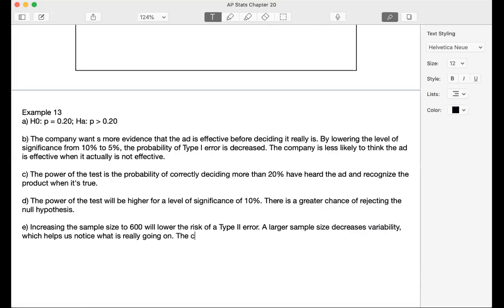The company will be more likely to notice when the ad really works.